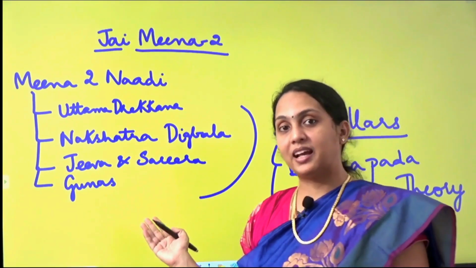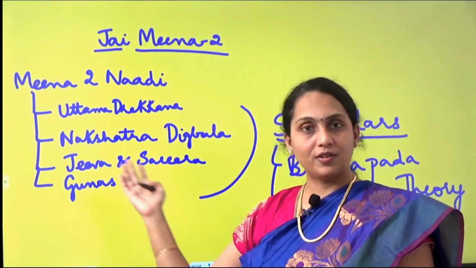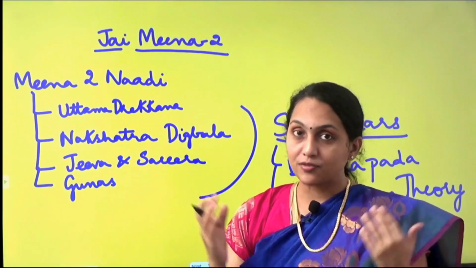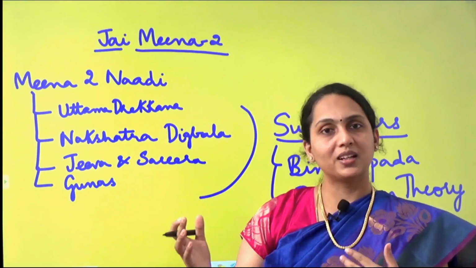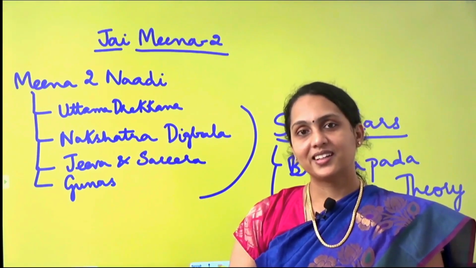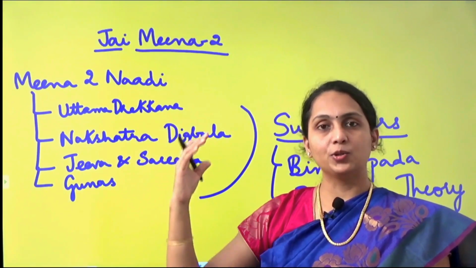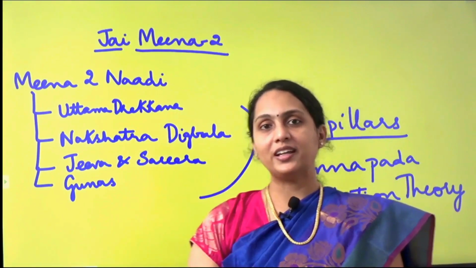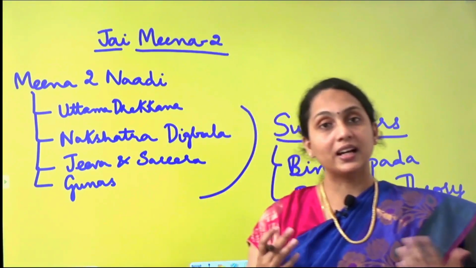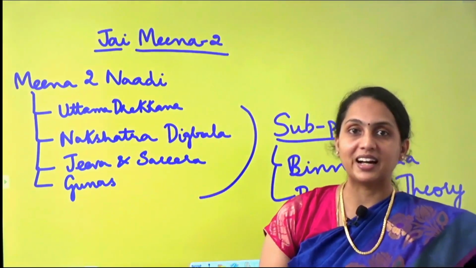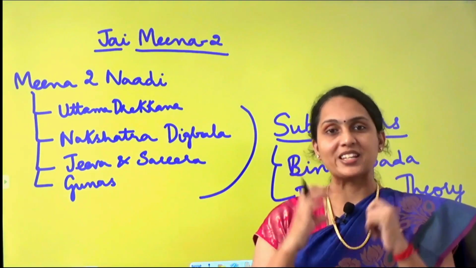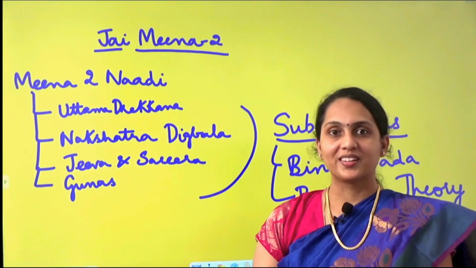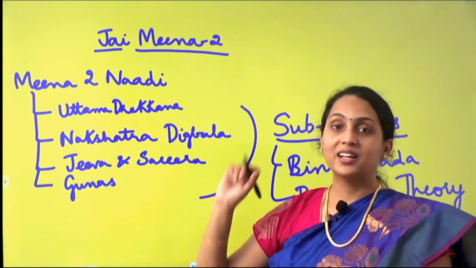So in Uttama Drekkana also, you see Lagna falls in Meena. But where is it falling? Is it falling in Purva Bhadrapada, Uttara Bhadrapada or Revati? If that Lagna falls in Revati 2nd, 3rd or 4th Pada, and the Lagna Pada falls in an Uttama Drekkana Pada, then that is special, because the Lagna becomes very powerful. That is the concept given by Param Pujya Guruji.